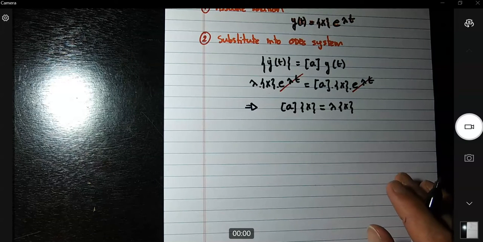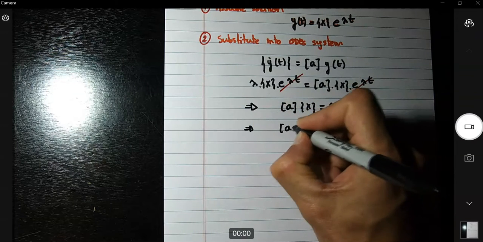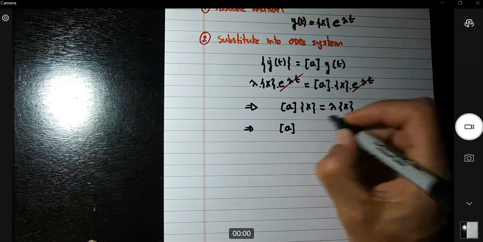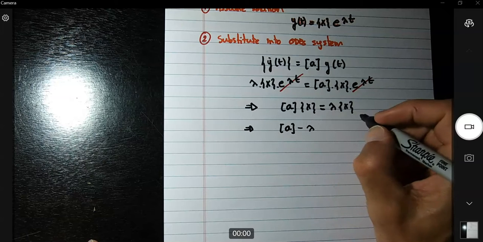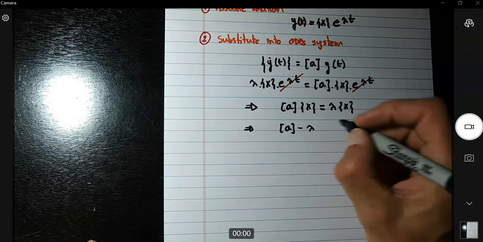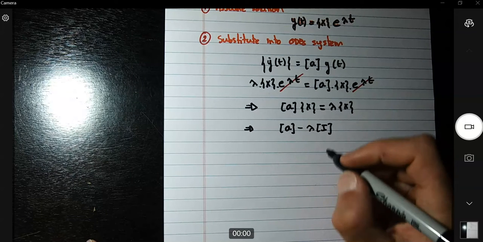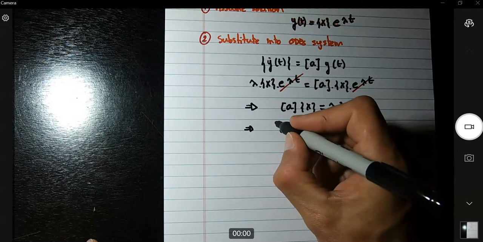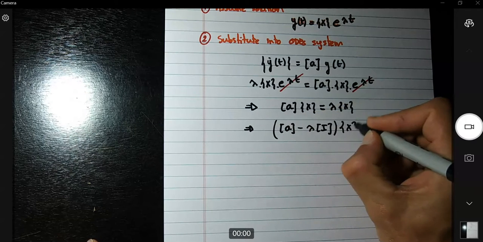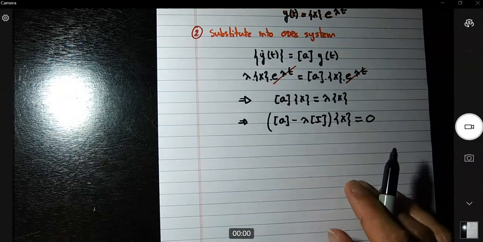So now from here you can rewrite this as A minus lambda times the identity matrix, applied to x, equals 0. Remember this is just to show that we need to take the diagonals.